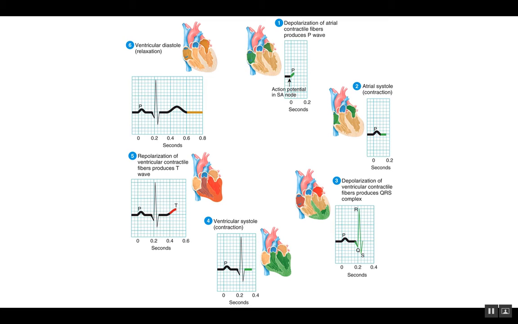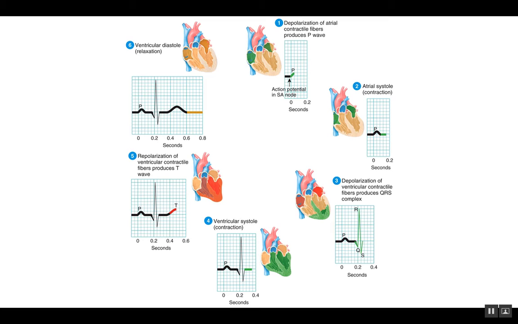From the pacemaker, or sinoatrial node, the action potentials spread throughout the atria and depolarize the atrial contractile fibers. I'll remind you where the pacemaker is located. It's located in the upper wall of the right atrium, and then that depolarization spreads throughout the atria.